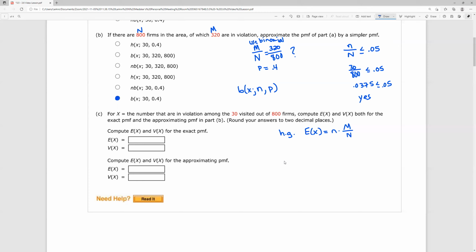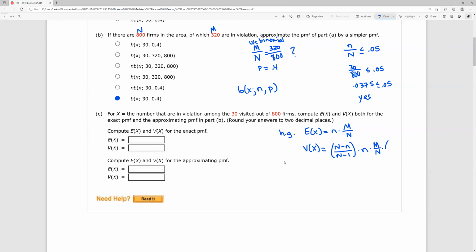Now, the variance is going to look a little bit messier. So the variance is big N minus little n over big N minus 1, and then we have times n times big M over big N, which is kind of like p.